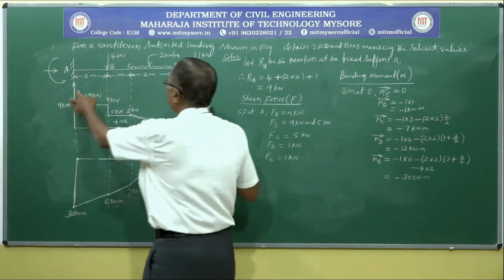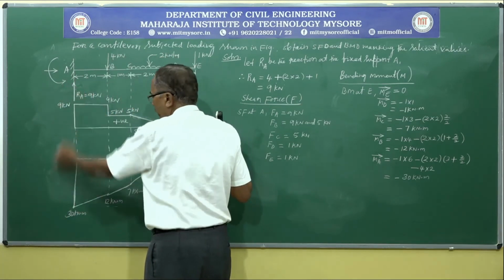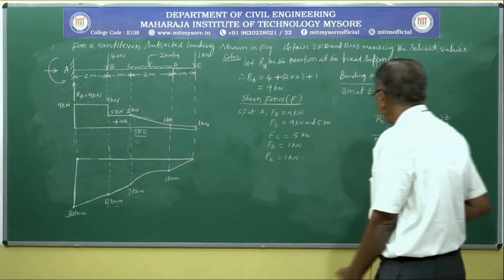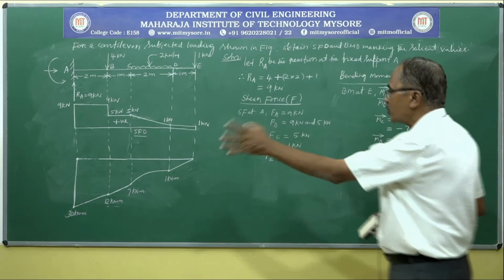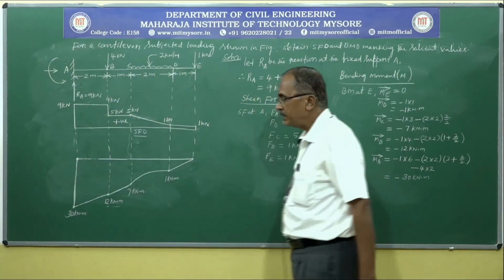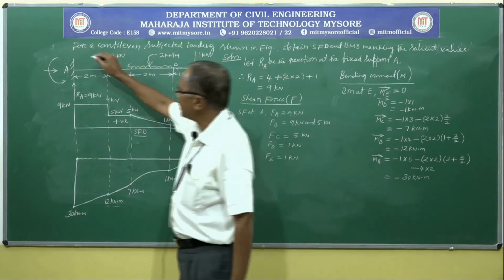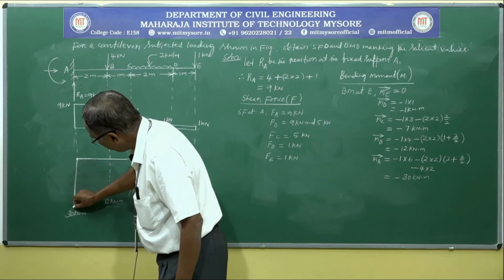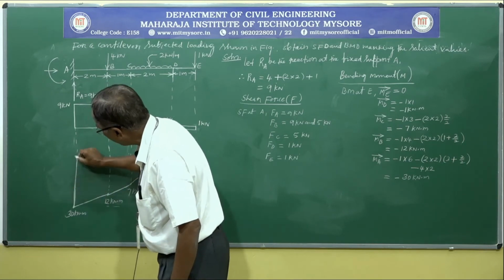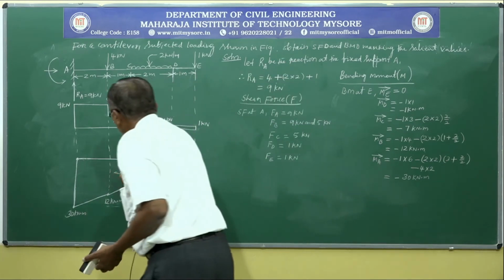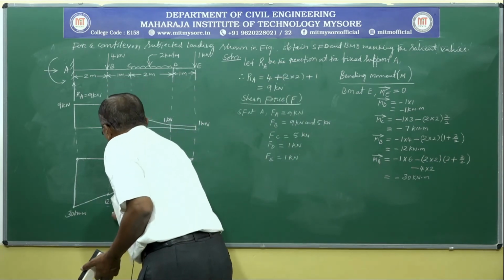And also we know that because of this moment, the variation of bending moment diagram is a vertical line. We are not showing this in the beginning just to avoid confusion. In the end, with this assumption, we can simply join from 30 kilonewton to 0. So this is the bending moment diagram.